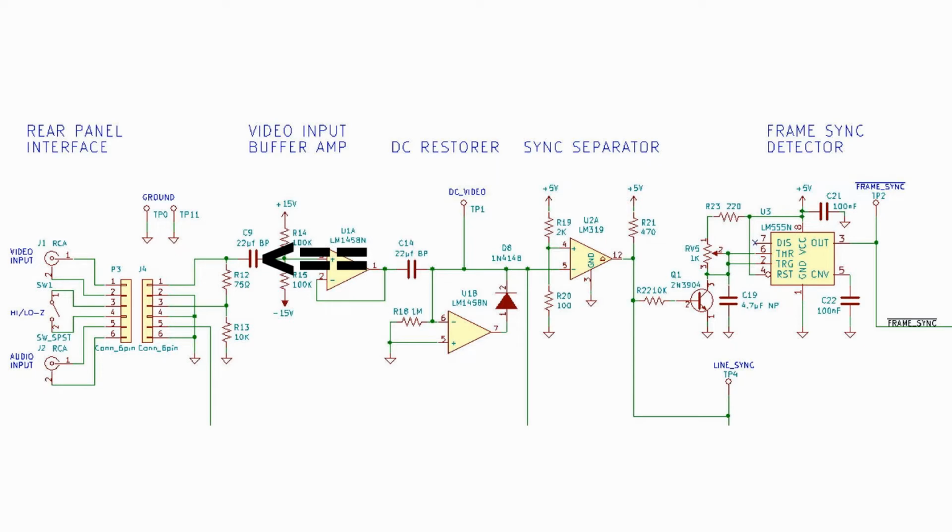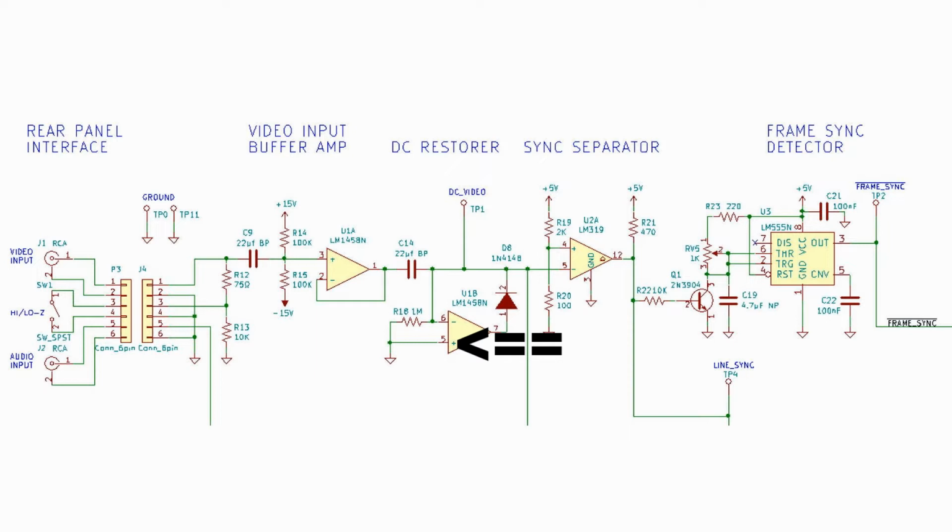This incoming video signal is AC coupled into the first amplifier, which is a unity gain amplifier, and its output is AC coupled to the DC restorer. The op-amp U1B is configured as a negative peak detector. When an input is AC coupled to this type of circuit, the most negative excursion of the signal will become referenced to the voltage present on the positive input of the op-amp.